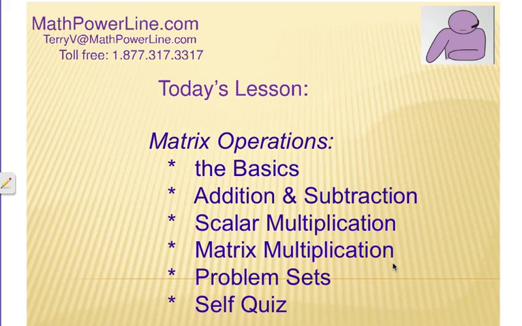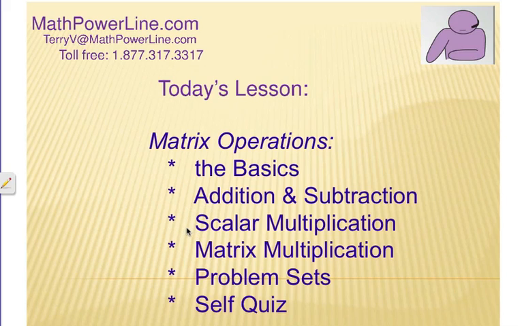Alright, welcome to this video. This is the self-quiz in the first part, and it's about matrix operations. Now, as part of a video series, I expect you've seen the earlier videos, and we covered the basics of what a matrix looks like, what it's for, and then we talked about adding and subtracting matrices together.